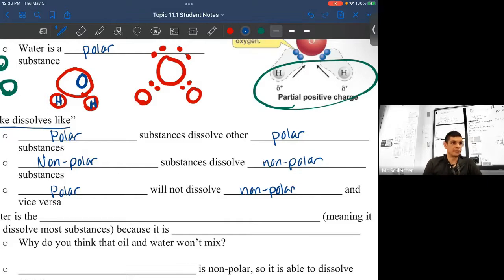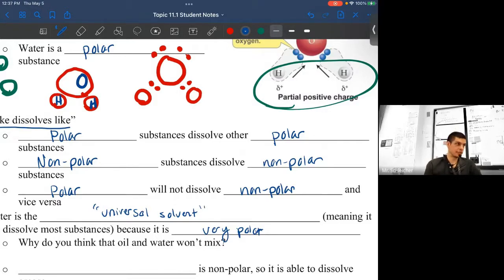So, what are some examples of this? Well, some things you could think of as polar are things like salt, sugar, water. Water is the universal solvent. It's a so-called universal solvent because it is very polar, likes to dissolve a lot of things.